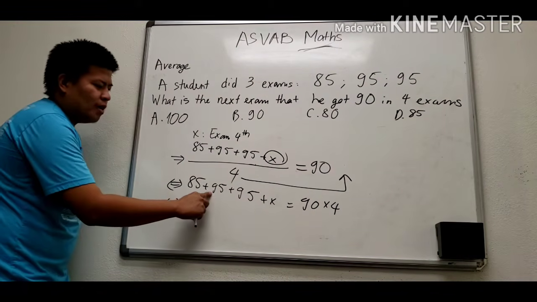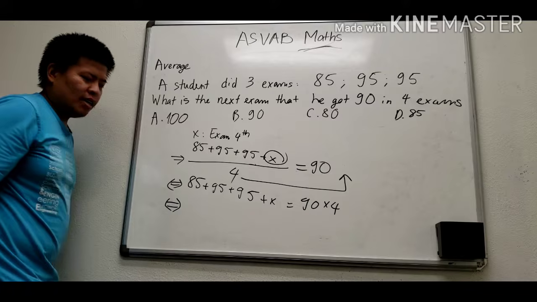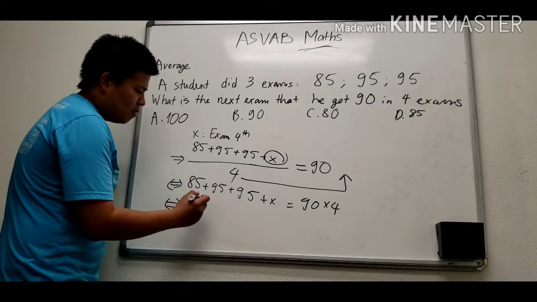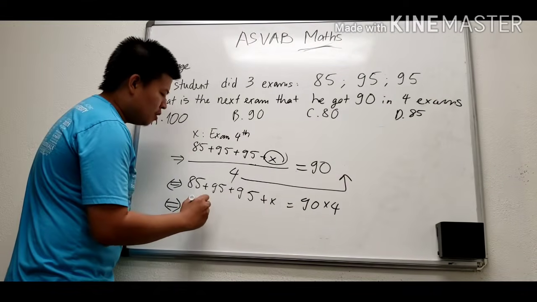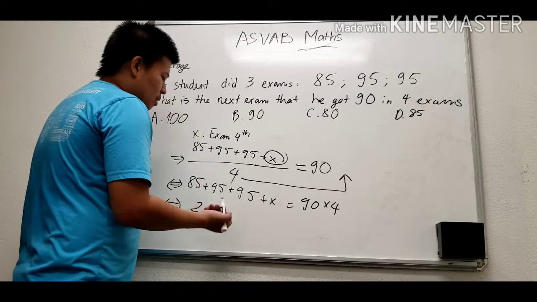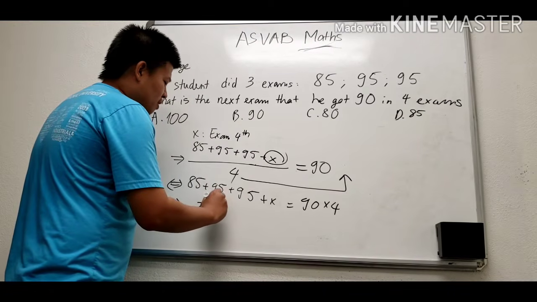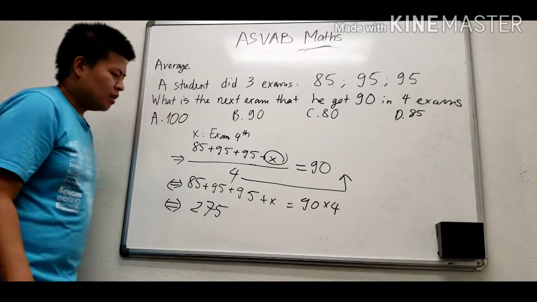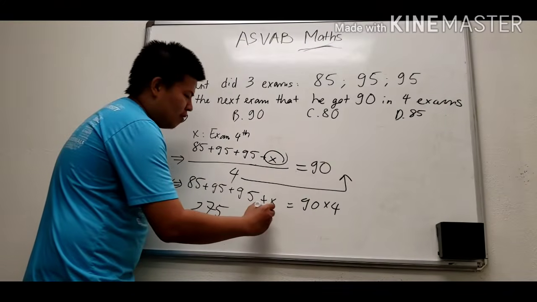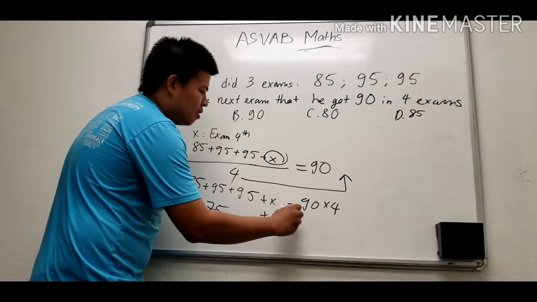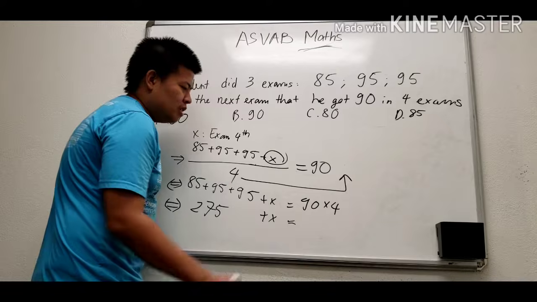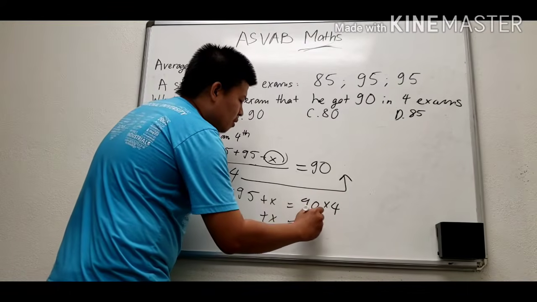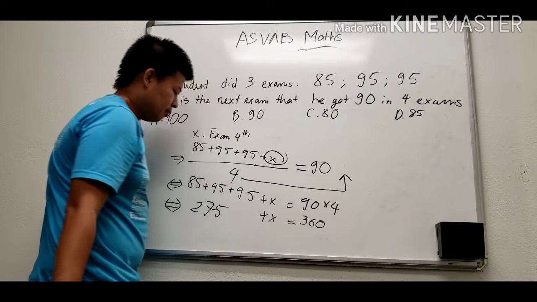We have 85 plus 95 plus 95, which is about 275, and we have S in here. 90 multiplied by 4 is about 360.